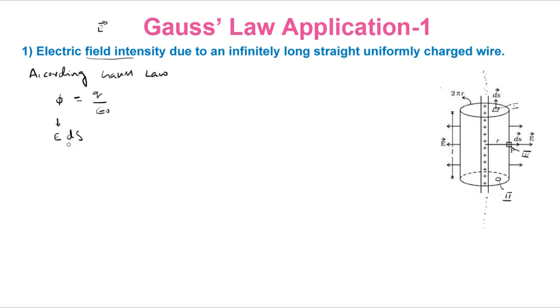E into ds is the electric flux in a closed surface, which is equal to Q by epsilon naught. Here we are writing the total flux, and the symbol is an integration with a small circle. Are you clear? The total flux, integral of E into ds, is equal to Q by epsilon naught.